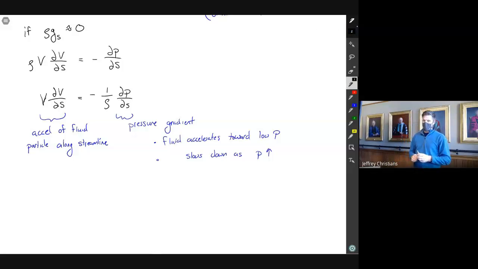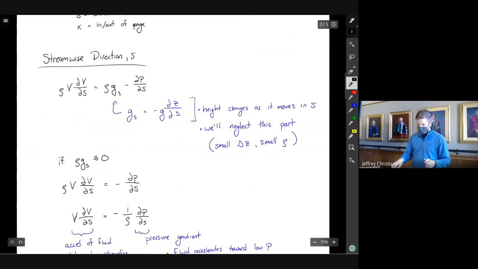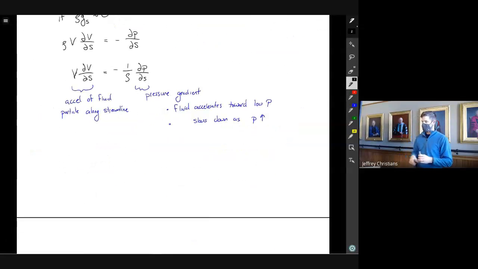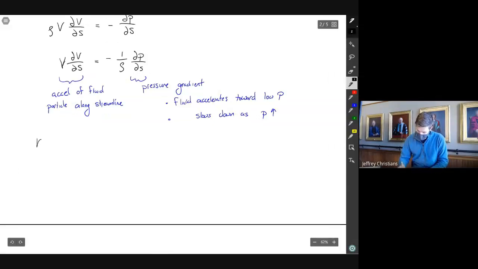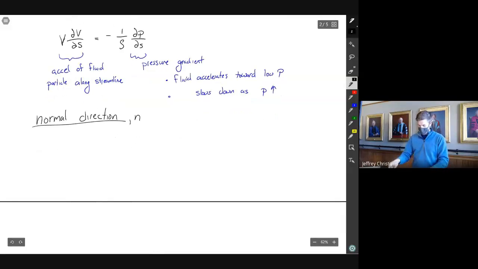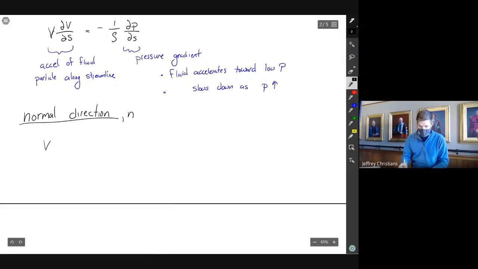The second direction that we can look at is not the streamwise direction, but the normal direction. If we look at the normal direction n, we can write basically the same thing. We can write V dV dn equals minus g dz dn minus 1 over rho d pressure dn.